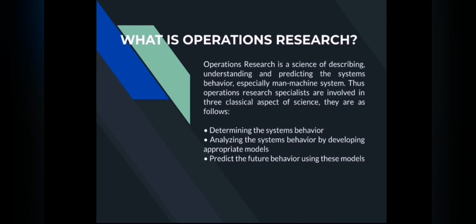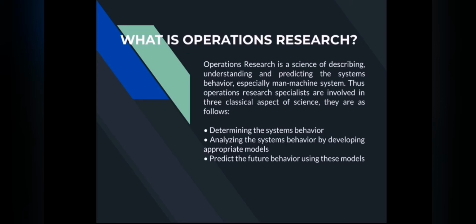Operations research is a science of describing, understanding, and predicting the system's behavior, especially the combination of man and machine systems. Thus, operations research specialists are involved in three classical aspects of science.